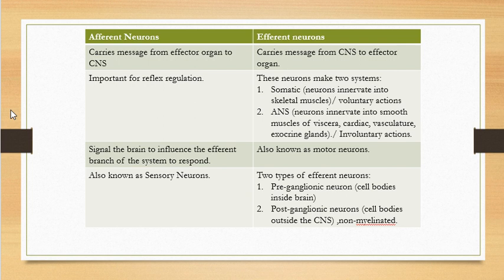Now let's see what ganglia are. Ganglia are aggregations of nerve cell bodies that are located outside the CNS in the peripheral nervous system. So these ganglia function as relay stations between the preganglionic neuron and the second nerve cell, the postganglionic neuron.